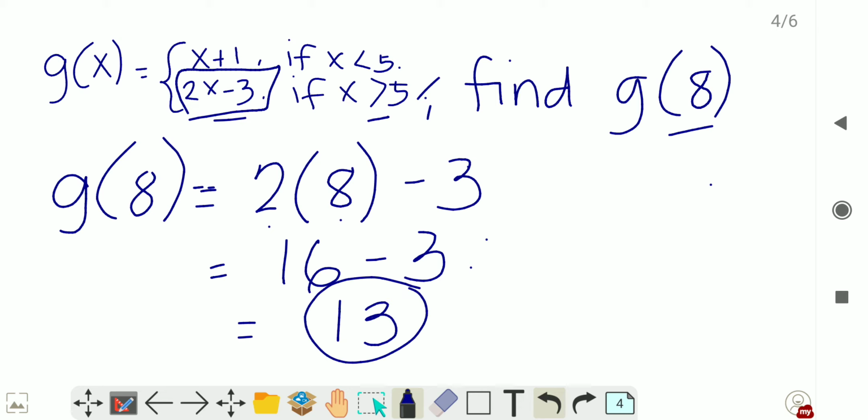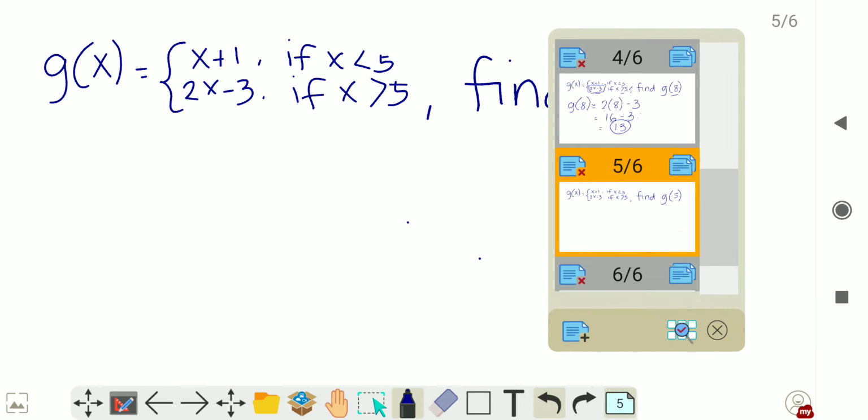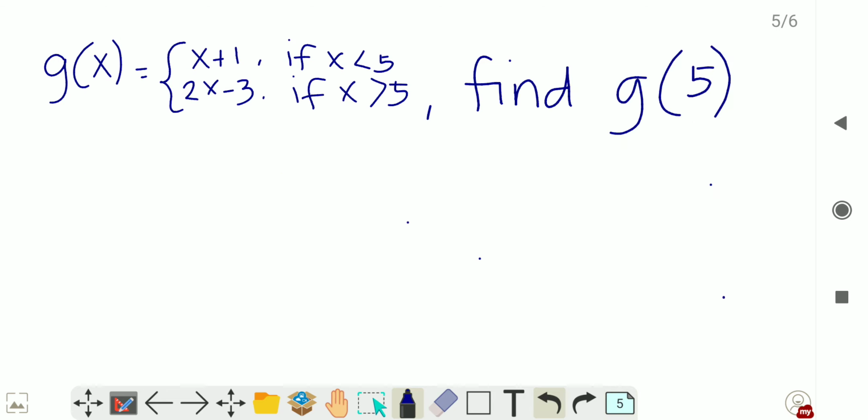Therefore, g of 8 is 13. Next, and the last one, we will find g of 5. That means we have to evaluate the function when x is 5. Again, our two intervals are x is less than 5 and x is greater than or equal to 5.